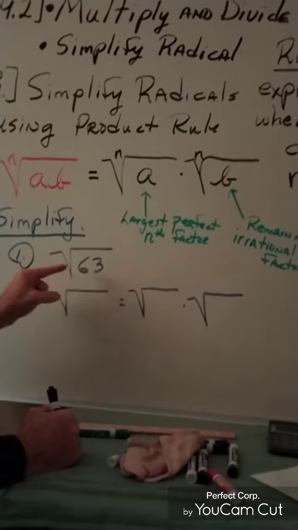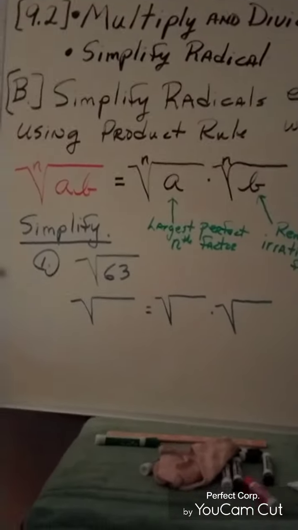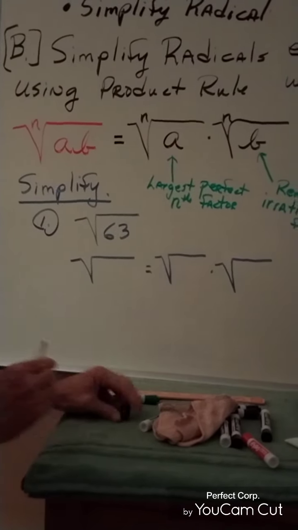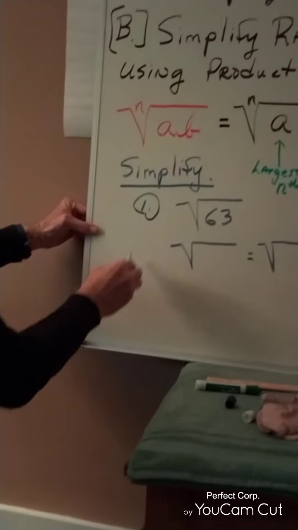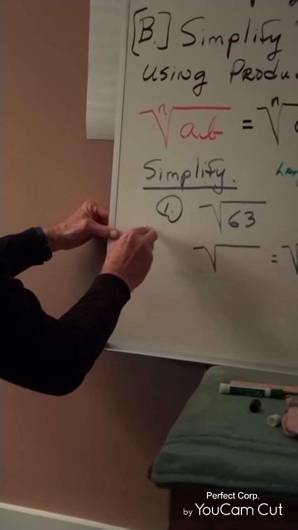So we're going to determine that largest perfect square factor that 63 would have by making use of prime factorization that we have already done. It won't take long. So just bear with me, those that already know.